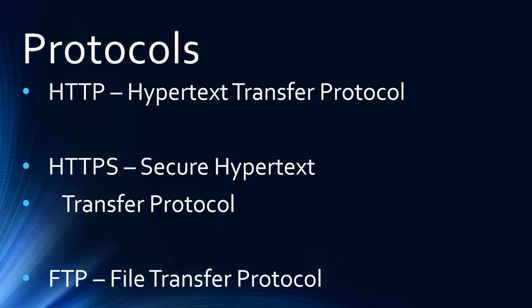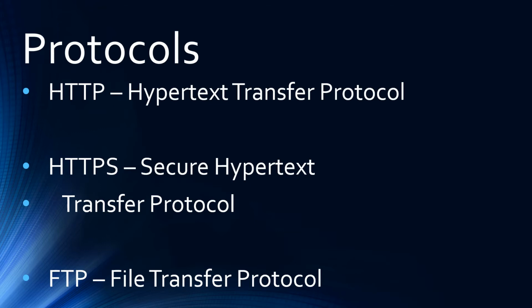The protocols that most people have seen, the first one is HTTP, the Hypertext Transfer Protocol. The second one, HTTPS, is the same idea, only now we're having a more secure protocol. So if you're ever connecting to a bank or any place where you're putting in passwords, make sure that the first thing you see in the URL is HTTPS.